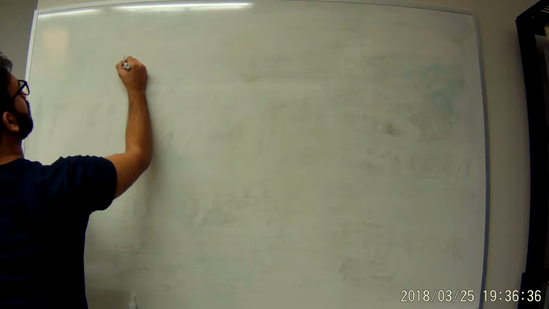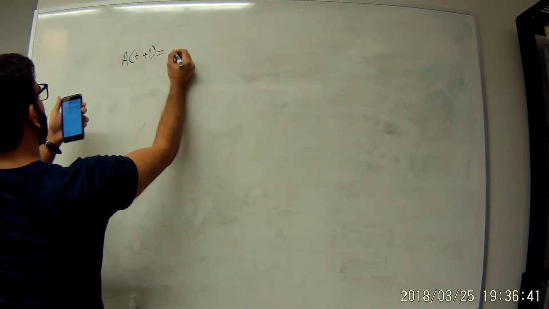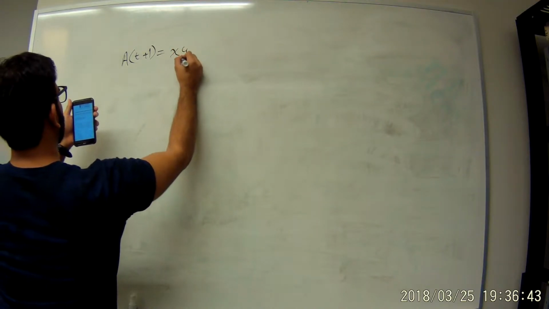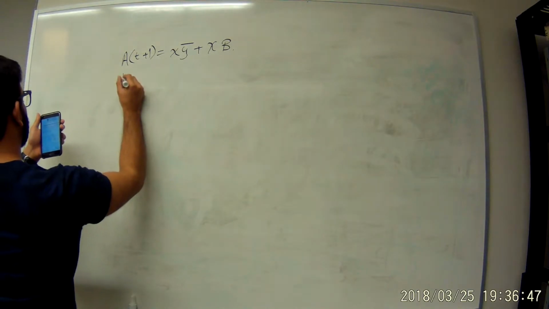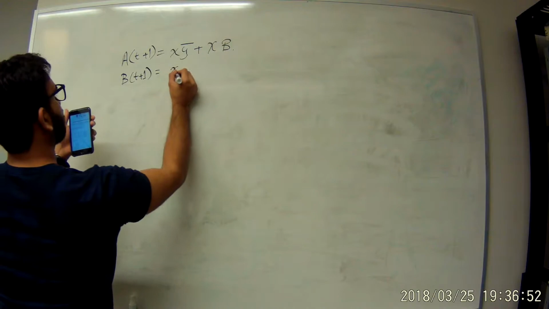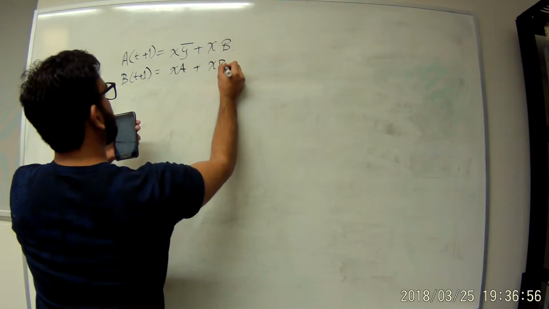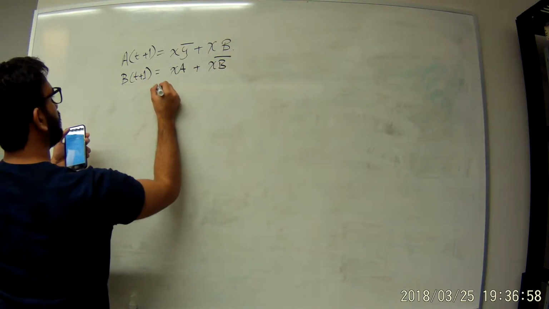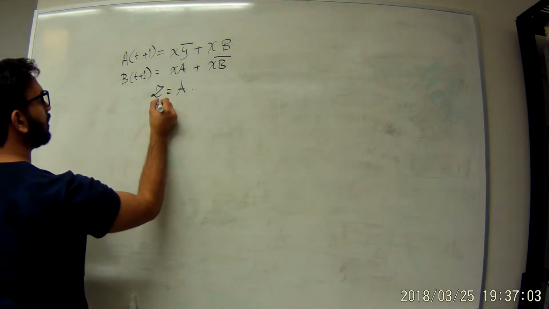So in this question that I have, we're given two statements: A(t+1) is equal to X Y' + X B, and B(t+1) is equal to X A + X B', and then we have Z equals A. They tell us that this is our output.